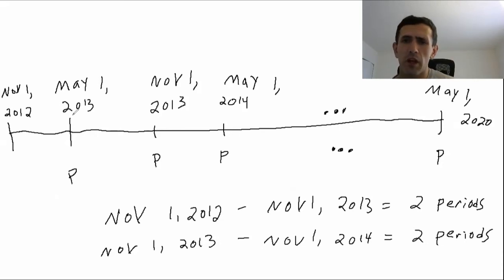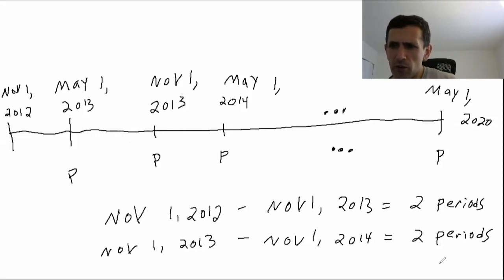And P is the payment at the end of each 6 months, and we're trying to find what P is. We're trying to find what each of these deposits are.